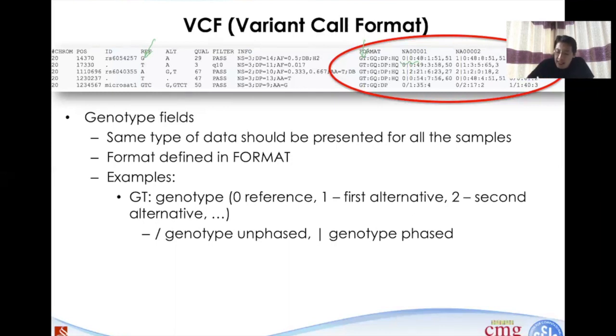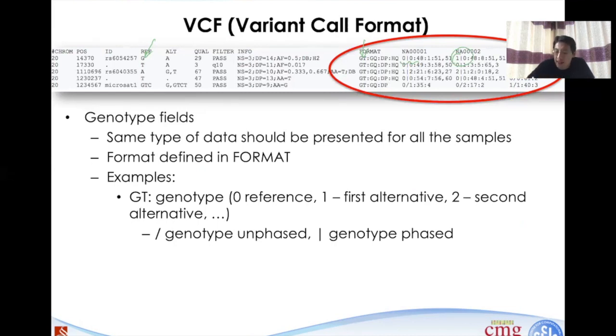For the second individual, you are seeing 1|0. That means one allele is the same as the reference and the other allele is the same as the alternative. So in this individual, at this genomic location, it is a heterozygous variant, and the alleles will be G and A. Both alleles are present.